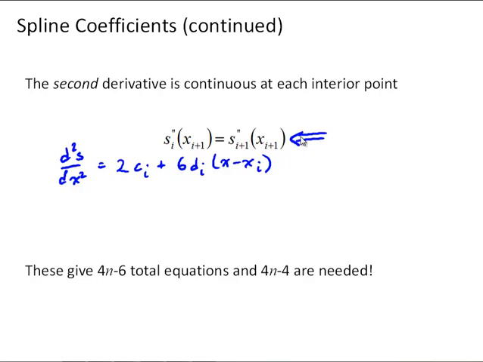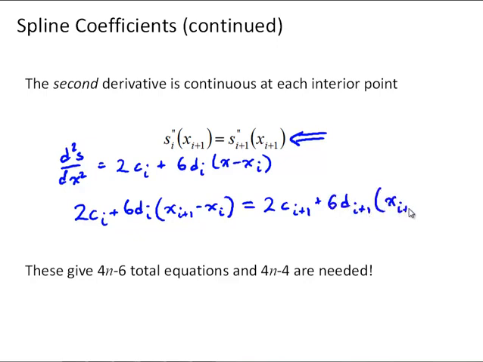and now applying it to our constraint equation at each interior point, plugging in xi plus 1 into the ith spline function, we get 2ci plus 6di times xi plus 1 minus xi is equal to, and then plugging xi plus 1 into the i plus 1 spline function, we get 2ci plus 1 plus 6di plus 1 times xi plus 1 minus xi plus 1.